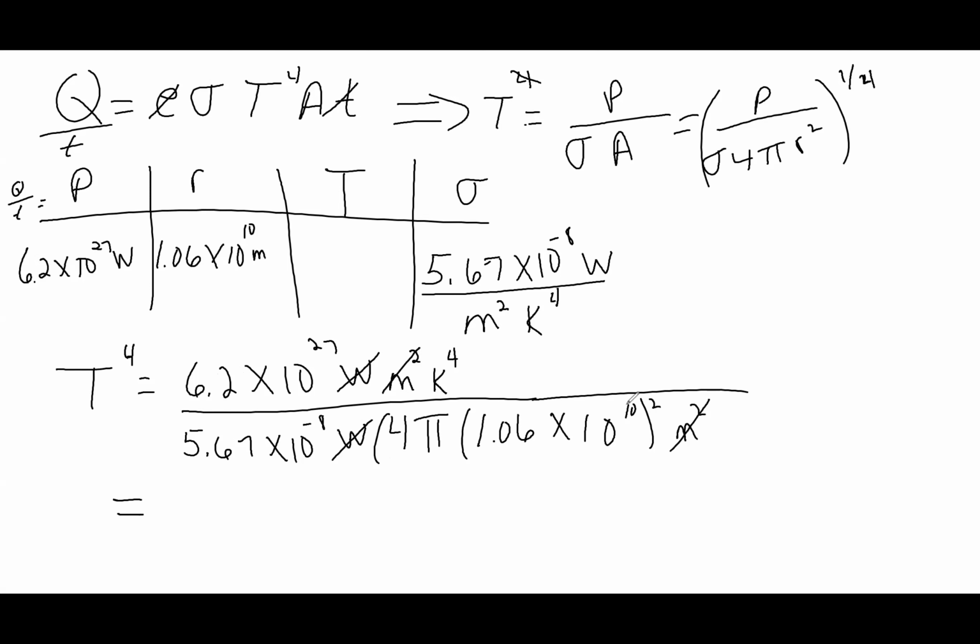I want to see that number first, before we go any further. Then once you get that number, you're going to have 10 to the something and K to the 4th power. What is everybody getting for that number?